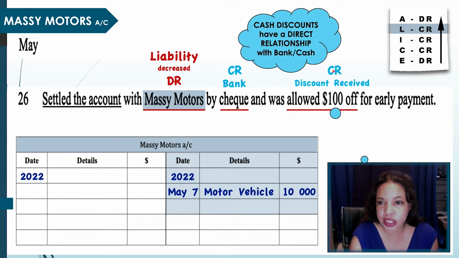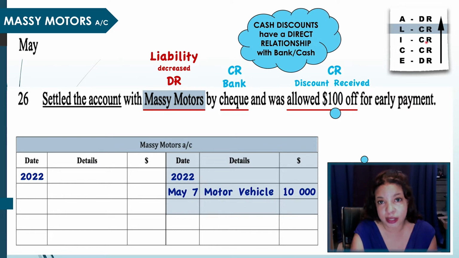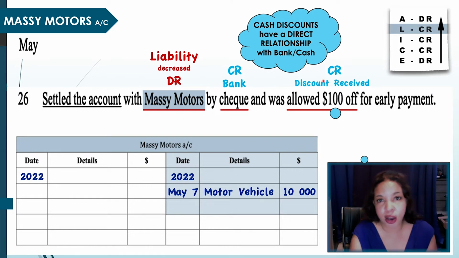And which discount is credited? The income credit, which would be the discount received. If bank was debited, then the discount would have also been debited, and that will be a discount allowed. So that is a nice little secret just for confirmation, or if this is easier for you.